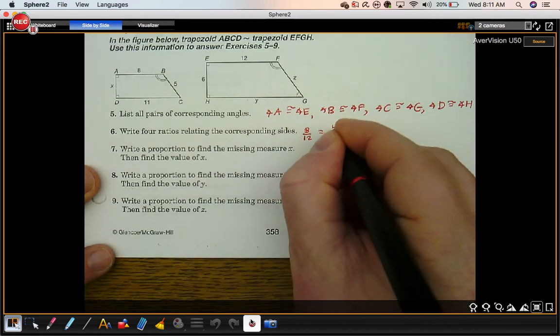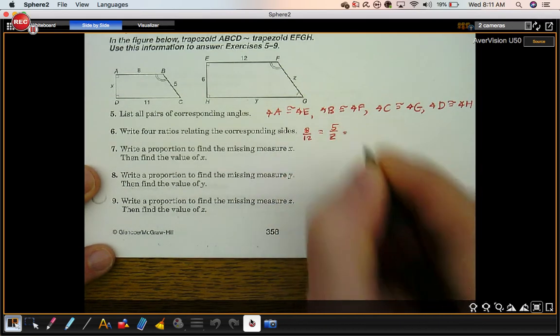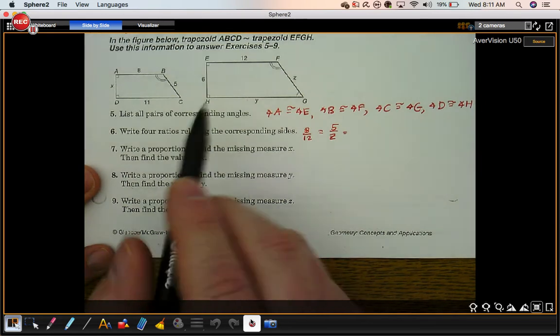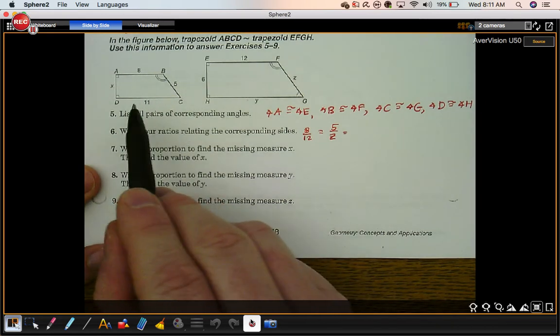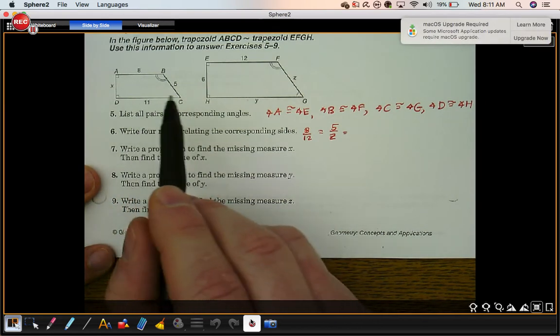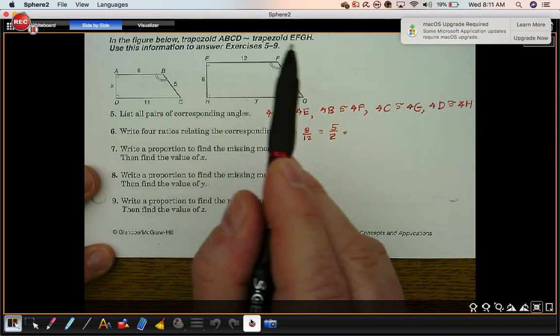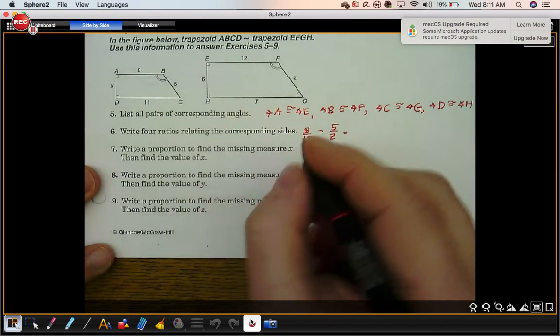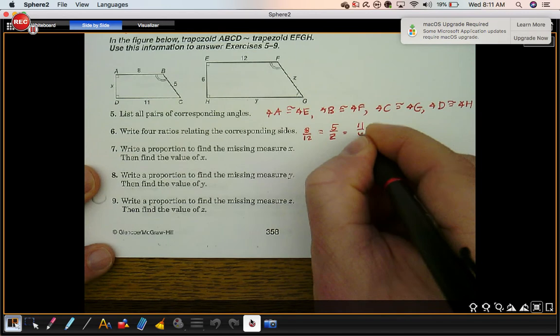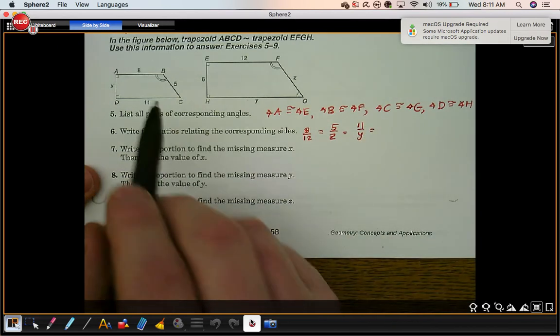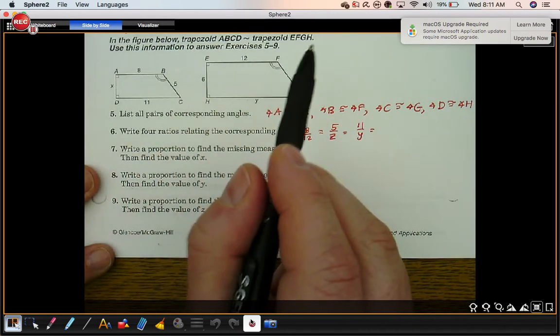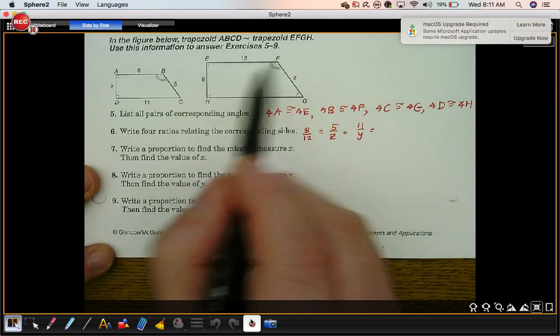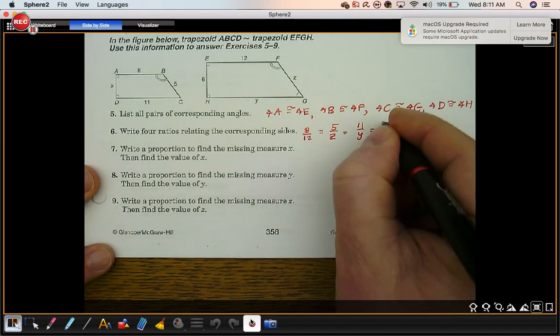So that's 5 and Z. Segment CD goes with segment GH. So 11 goes with Y. And then the last one, segment AD goes with segment EH. So X goes with 6.